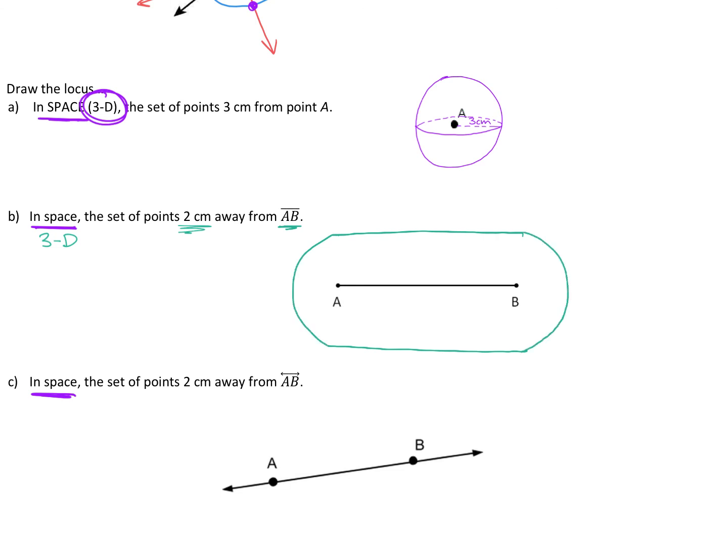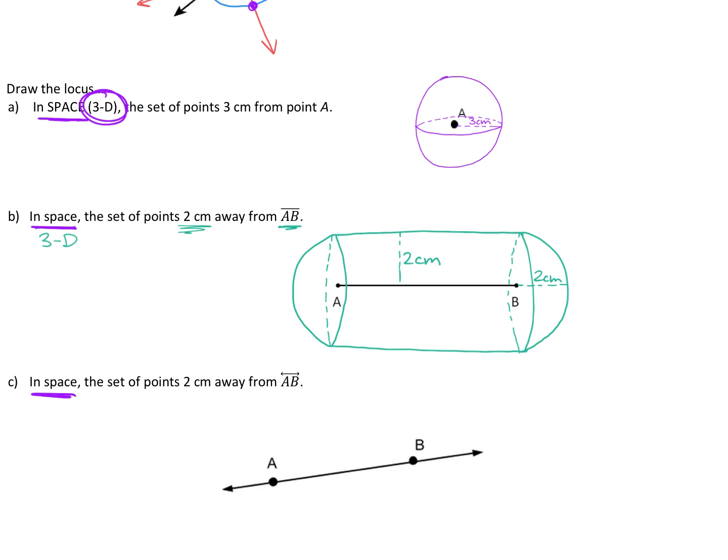Okay, but then to make it 3-dimensional, basically you're taking a cylinder with a half a sphere on the end of it, right? So like this, and it kind of looks like a pill, okay? This would be 2 centimeters away, but it's also 2 centimeters that way. Okay, so on every side, in space, so 3-dimensionally, 2 centimeters.